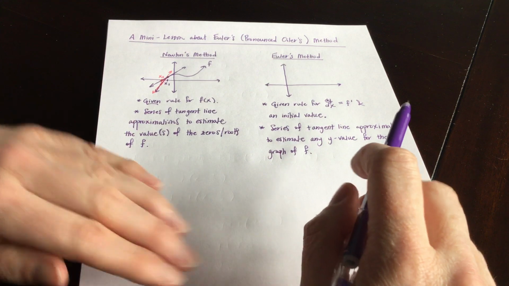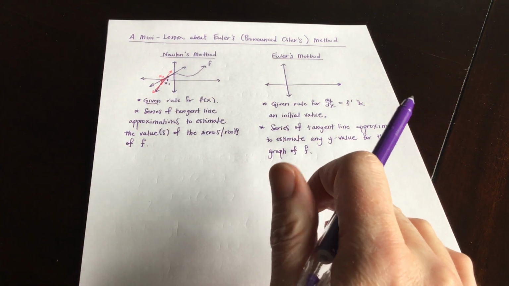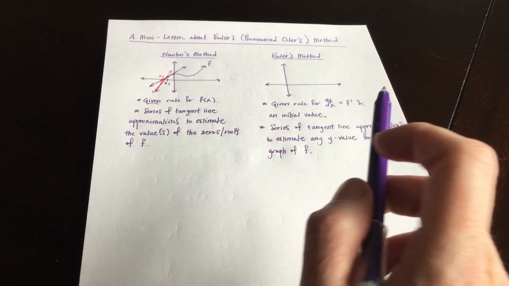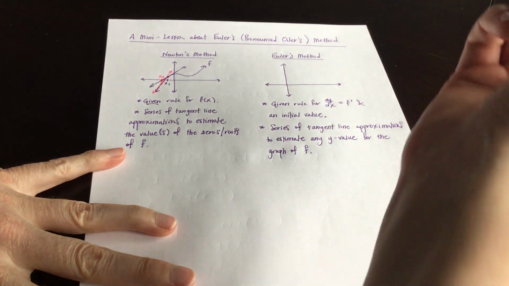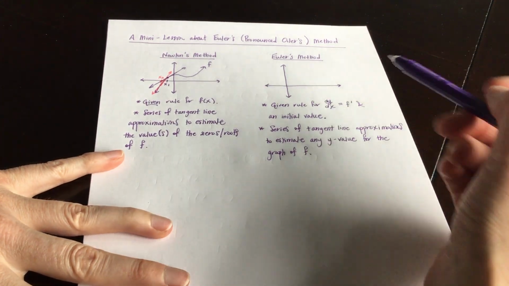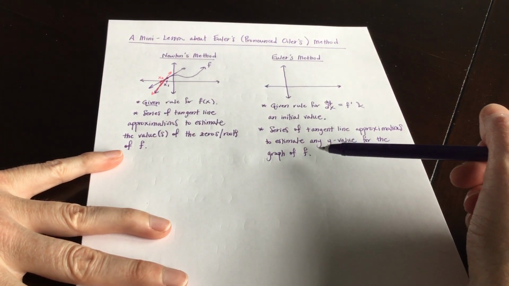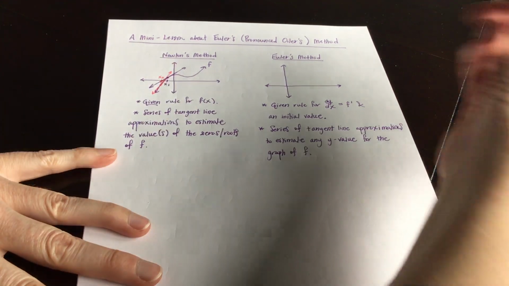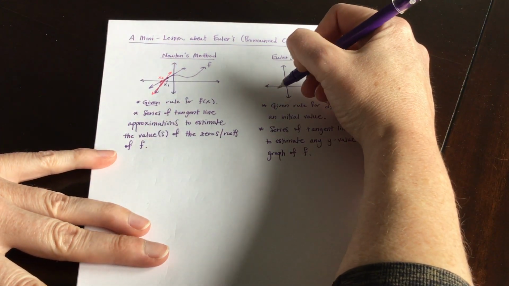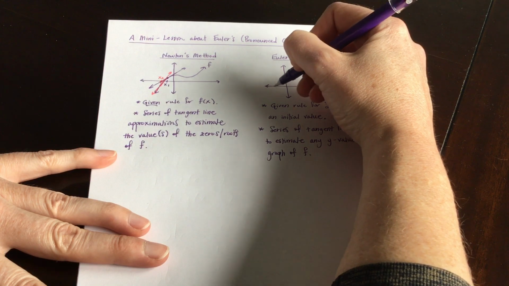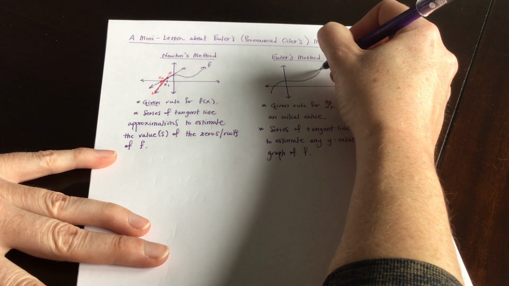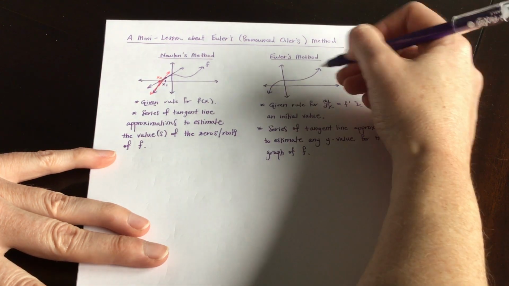Okay, so I'm going to try to draw a picture of what happens in Euler's method. Let's say that the function rule f, which we wouldn't be given the rule for it, but let's say that it looks like this. I know I always draw function rules to look like that. It's a glitch.